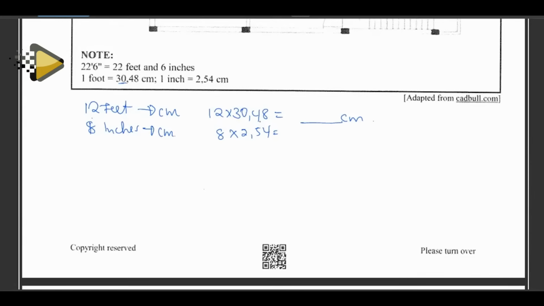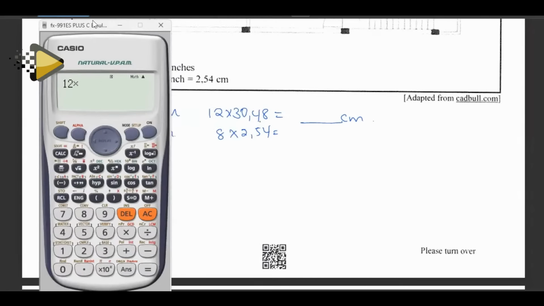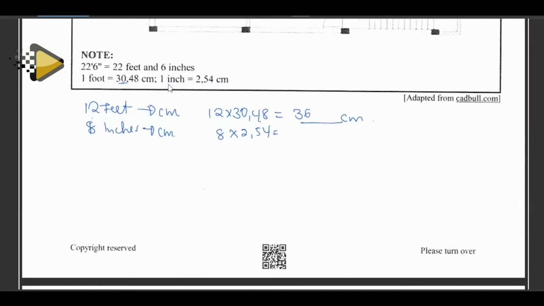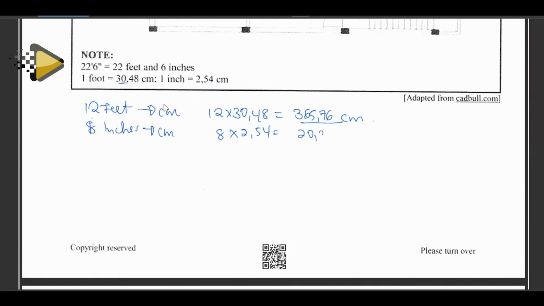Let's multiply: 12 times 30.48 equals 365.76. Those are the centimeters. Then the other one is 8 times 2.54. We have the answer as 20.32 centimeters. So both of them now are centimeters.